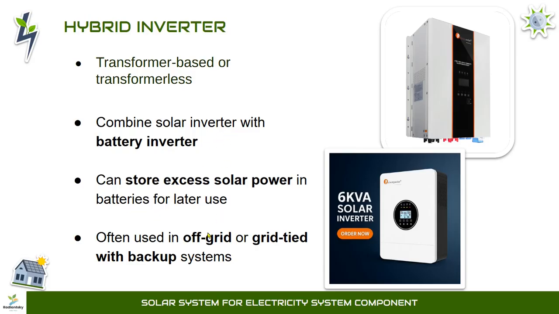Now off-grid means you are not using NEPA to charge your battery or power your solar system. Grid-tie means you can combine solar power and your grid, like your NEPA, your electricity from the national grid. You can combine them in your solar system. What this tells you is that this type of inverter enables more than just solar.